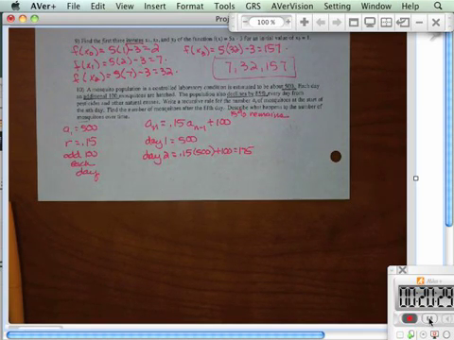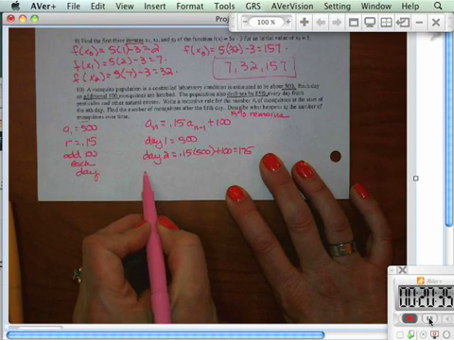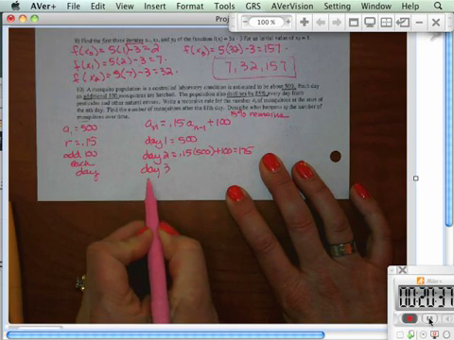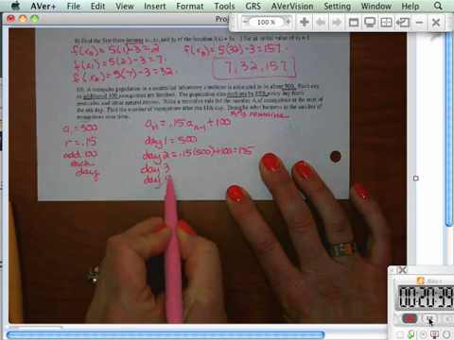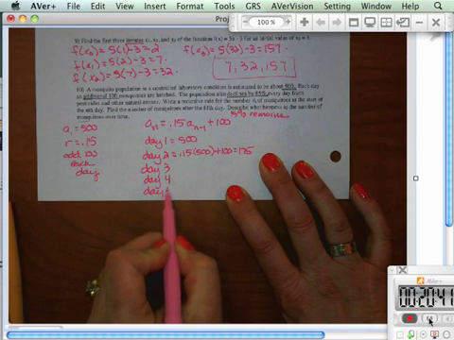Now, just hold off a second, those of you that are anxious. I'm going to show you how to do this quickly on the calculator. You ready? Write day 3, day 4, day 5.